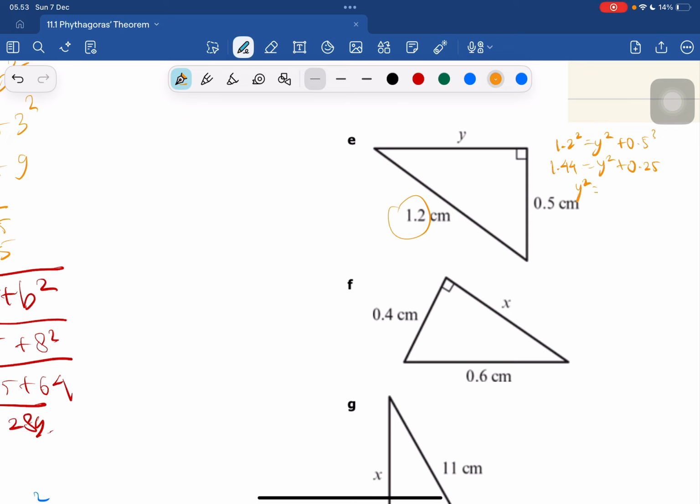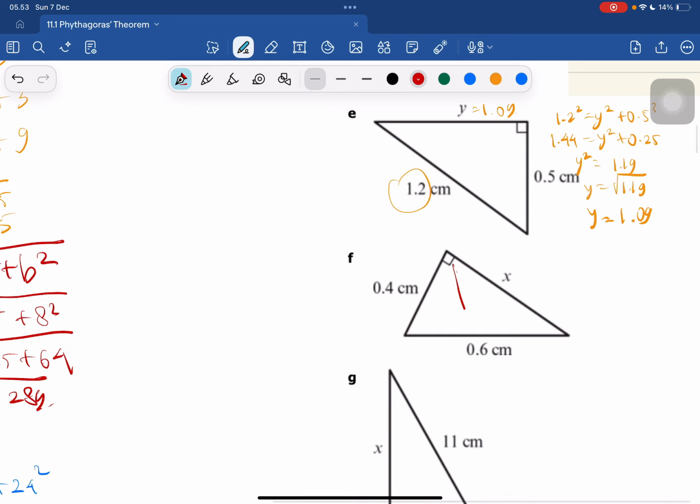So y squared is 1.44 minus 0.25. So this will be 1.19. So y equal to square root of 1.19. So this y equal to 1.09.